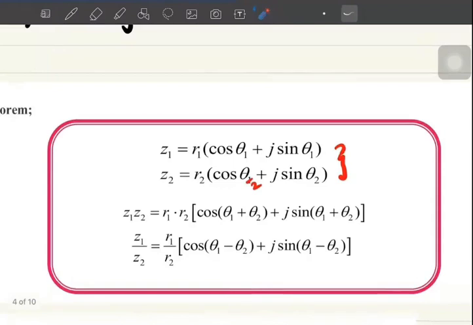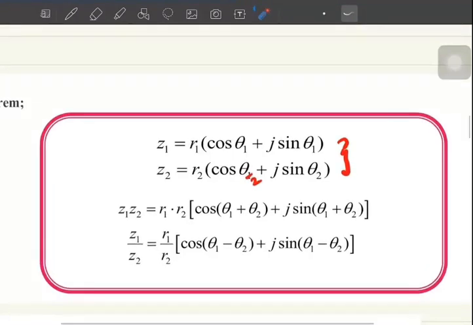Okay. Let me repeat this theorem again. We use this theorem when you have two complex numbers given to you in polar form. So you have Z1 in polar form, you have Z2 in polar form. And if you want to find the multiplication of these two complex numbers, we apply this theorem.